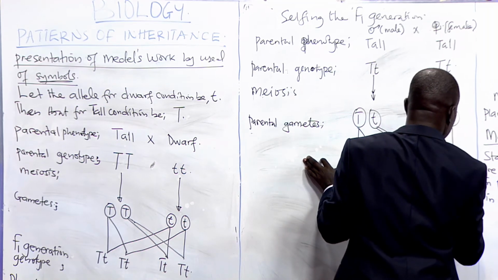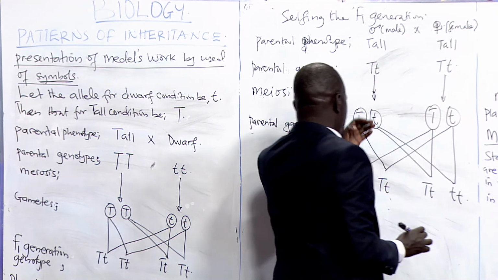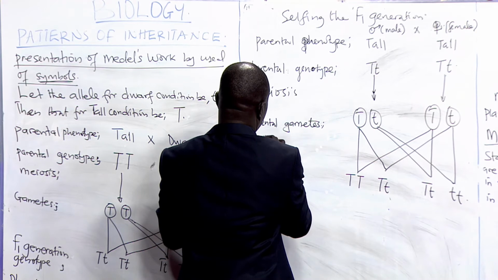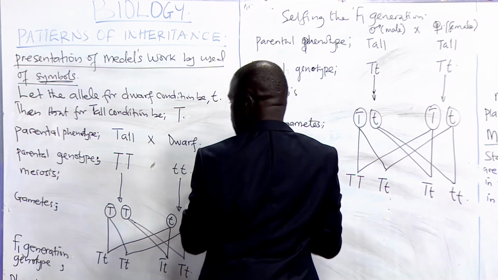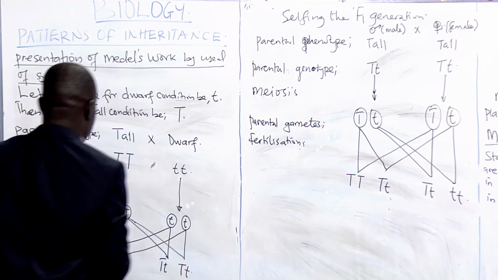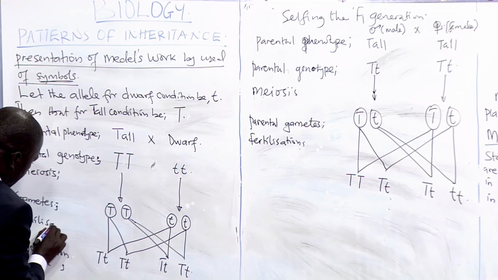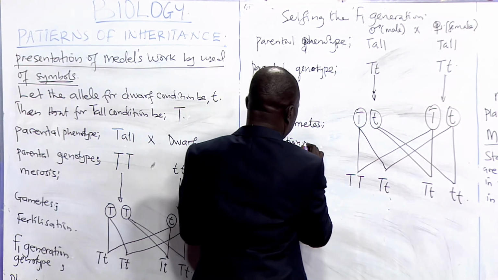Then the organism here also, we have small t, small t. This is fertilization, which we should also have included there.